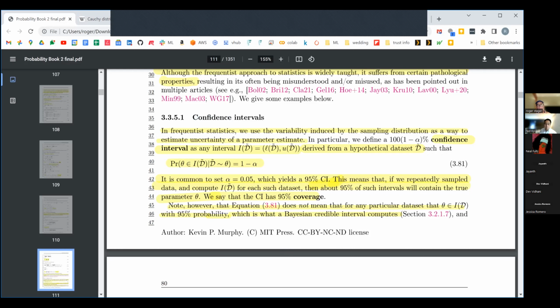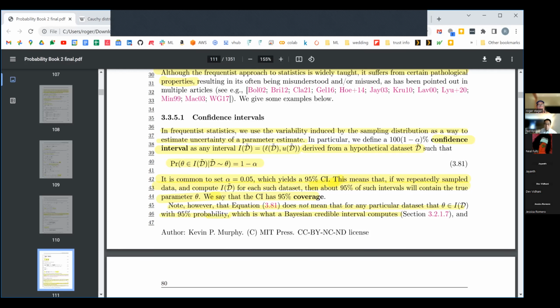And so that's an important thing to think about. It's not about the distribution of the parameter, because that exists in Platonic space. But the variability that you're seeing is coming from your sampling procedure, and manifesting itself in these upper and lower bounds.